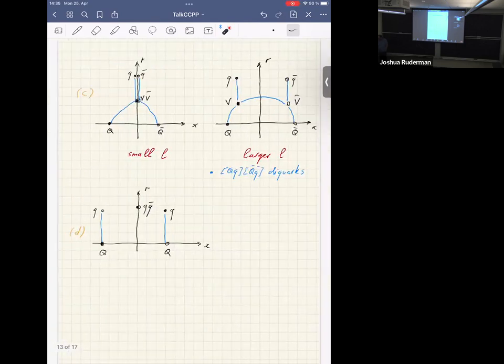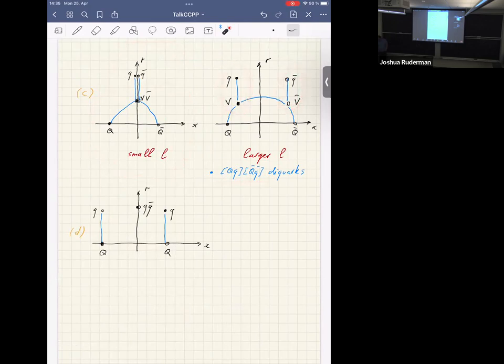Okay, but what happens with this guy? It's an interesting point. At small separation you reproduce it like that, but for larger separation it looks like a D-quark, anti-D-quark system. This guy is really going in the opposite direction, and then you end up with this and that.